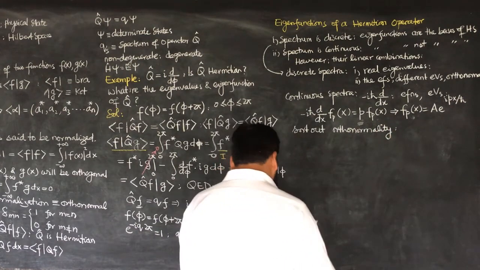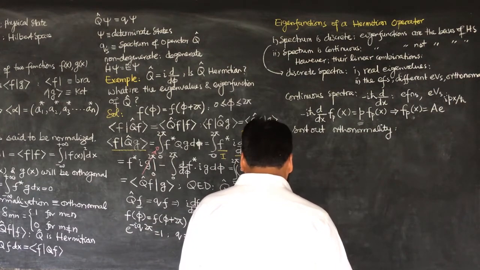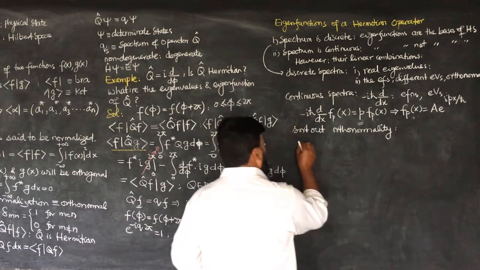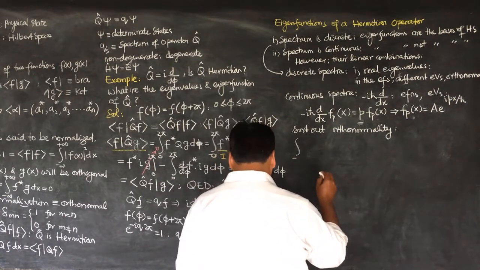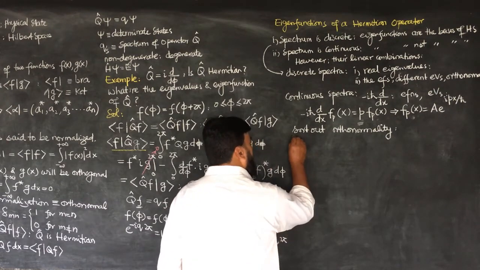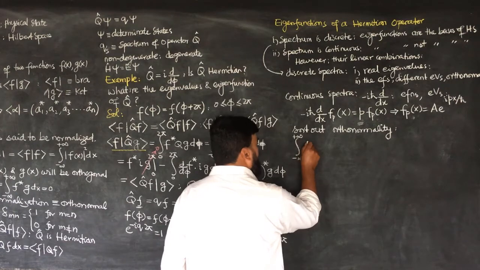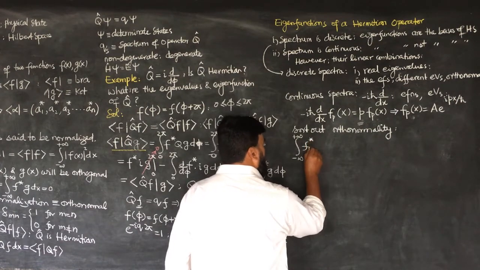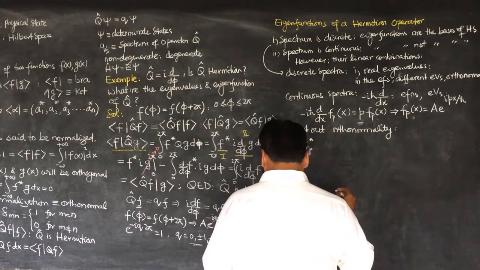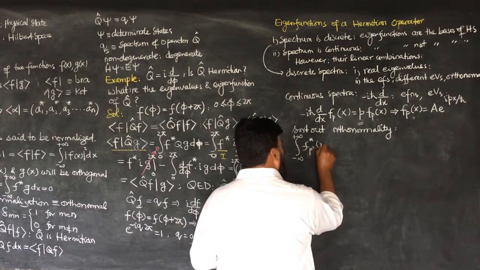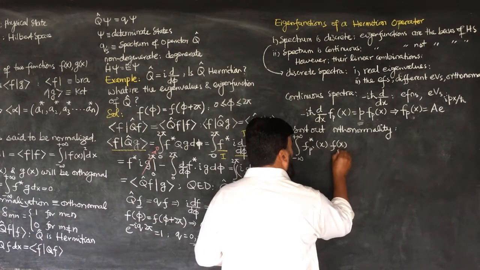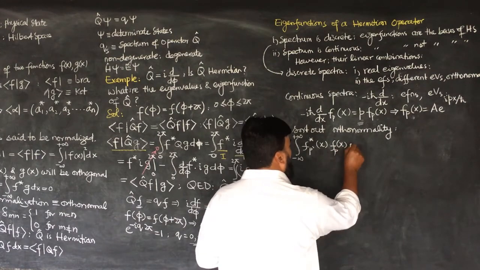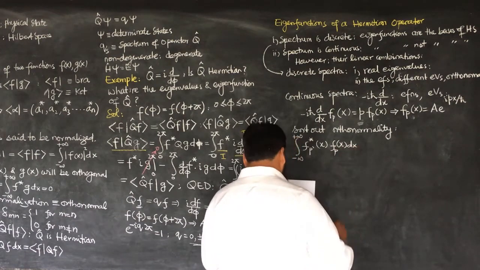So this sort of orthonormality is that if I take two eigenfunctions for the momentum operator, integral from minus infinity to plus infinity, f of p, and let's say this is p prime and this is another, and we have this p and dx.